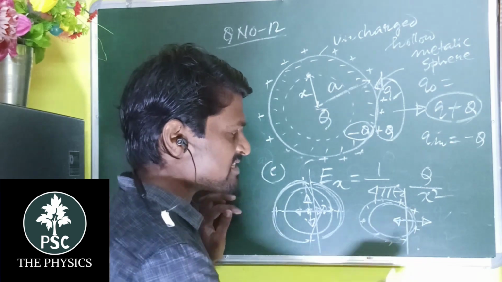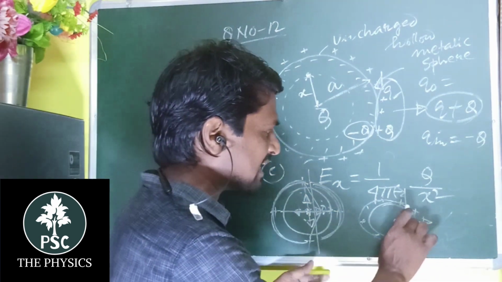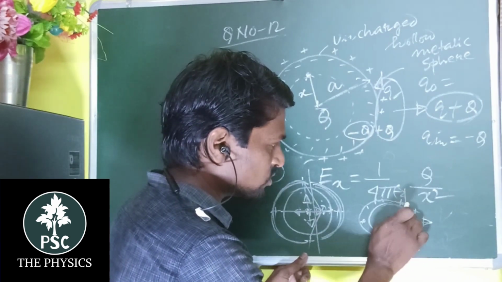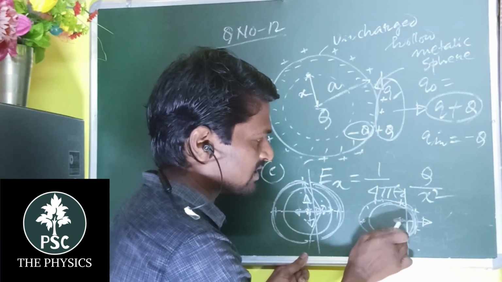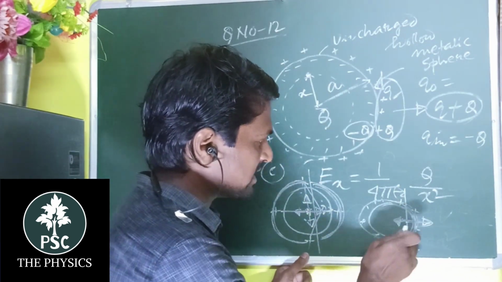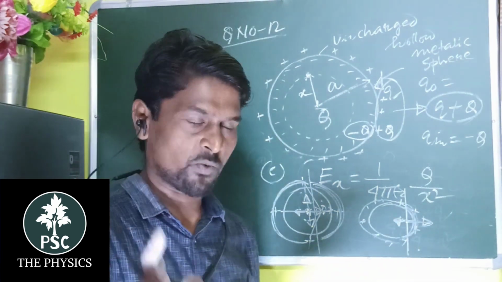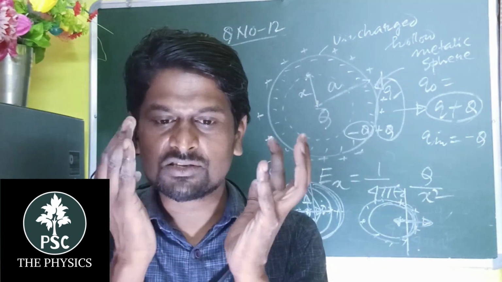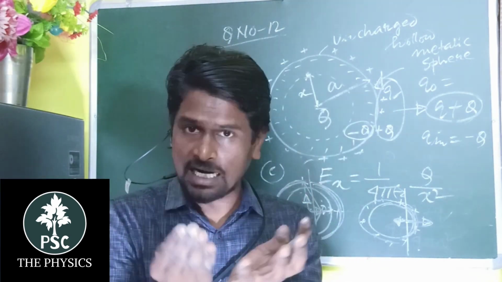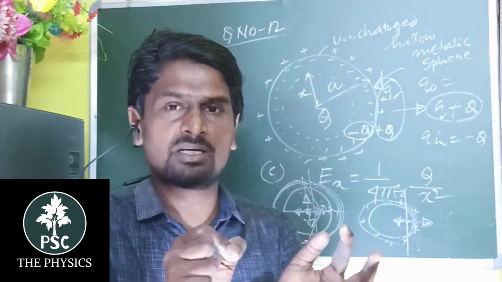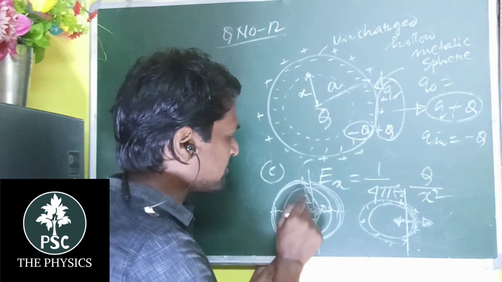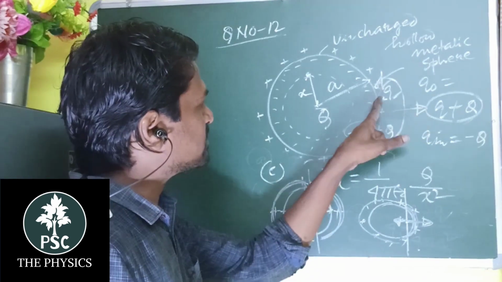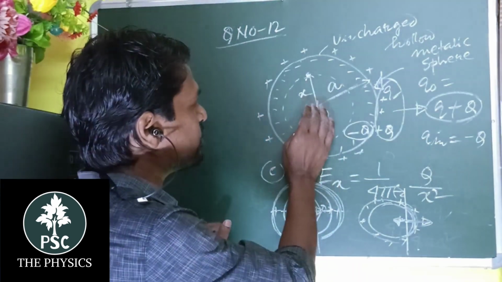Since the distance is less but the charge is also less, the force due to those charges cancels this one. So the electric field at that point is also 0. Or simply think that within a charged conductor, at any point within that sphere, the electric field is 0. So the contribution of the small q charge to the electric field is 0.